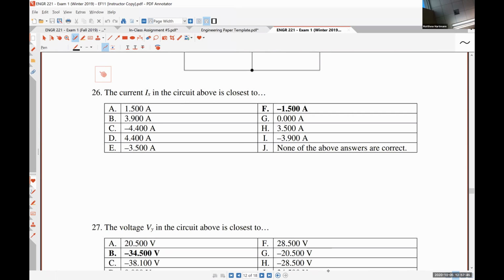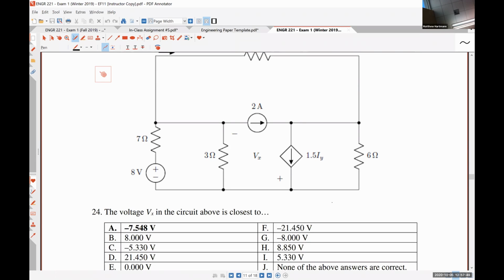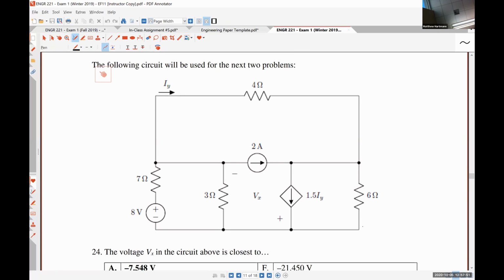Okay, so let's see. Well, not specifically how do I find Vx, but you're asking like, it's not super obvious as to what element you're looking for the voltage drop over. Is that correct? Yes. Okay.